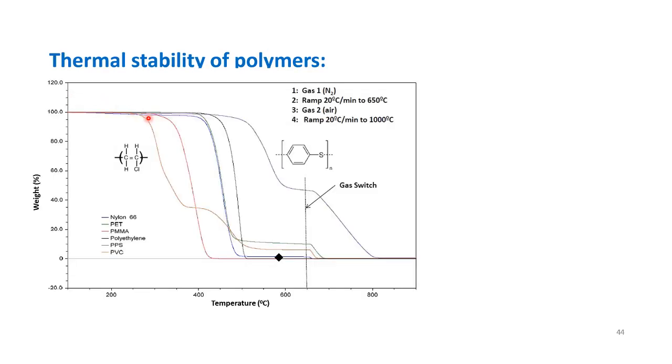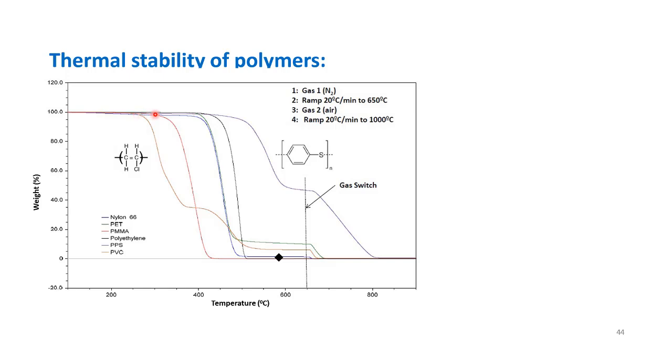So this is a typical TGA. These different polymers were used to perform this TGA, and first the case was nitrogen, and then at this point the gas is switched to air, and the ramp was 20 degrees Celsius per minute in both the cases. So first in the nitrogen atmosphere, we can see that the PVC degraded very early, around 250 degrees Celsius.